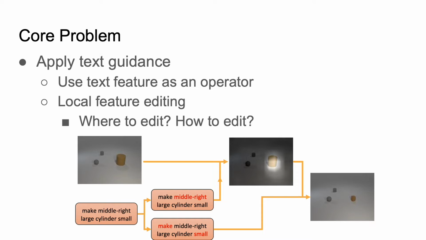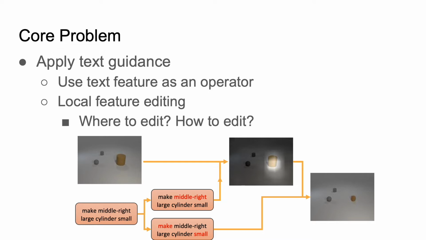The more well-studied area is image-to-image translation. So for our work, the core problem is how to apply text guidance into this image-to-image translation. We basically want to use text features as an operator to guide the image generation process. So here we propose a local feature editing method.